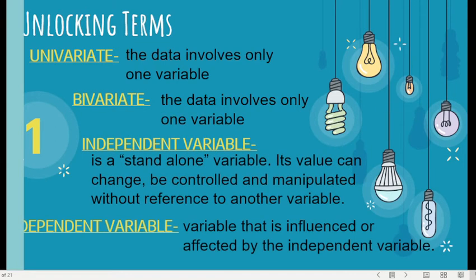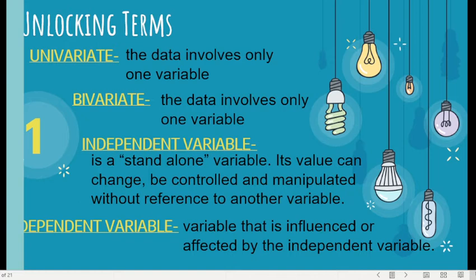And we have these two kinds of variable. Independent variable. An independent variable is a standalone variable. Its value can change, be controlled and manipulated without reference to another variable. It means it is standalone. It is not dependent upon another variable or affected by another variable.